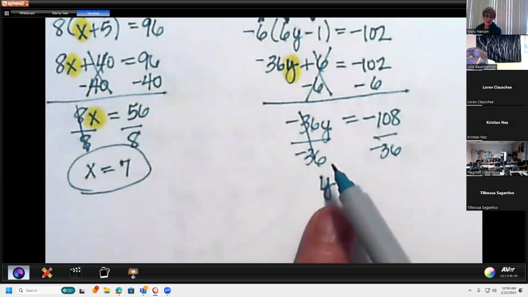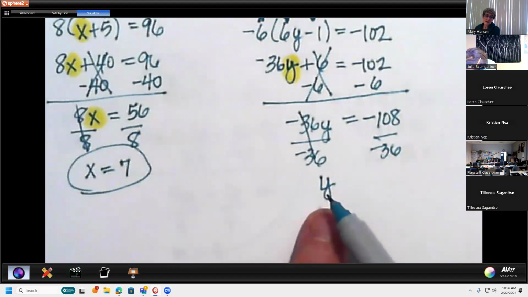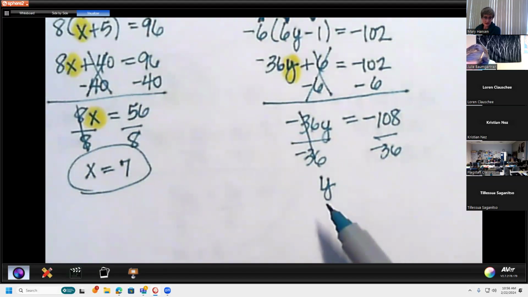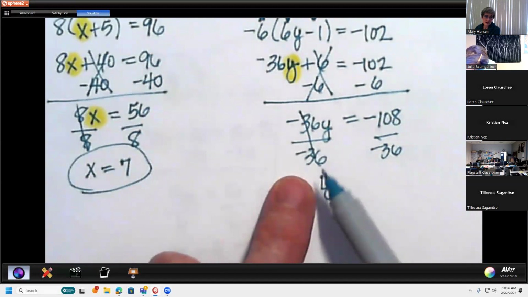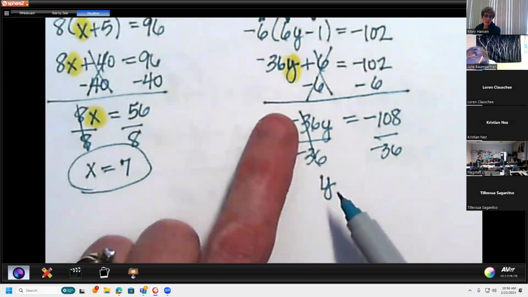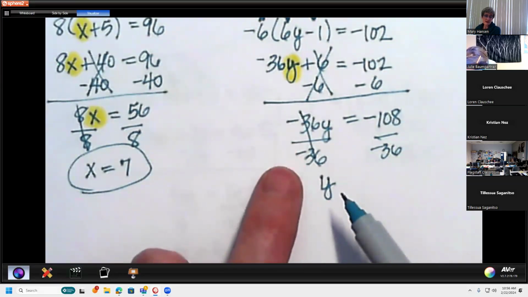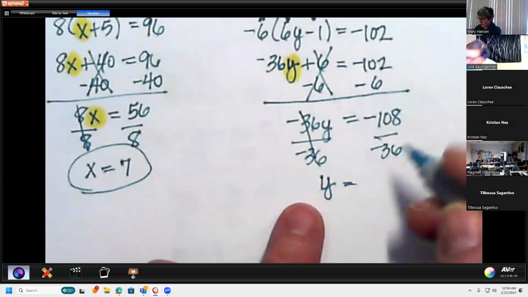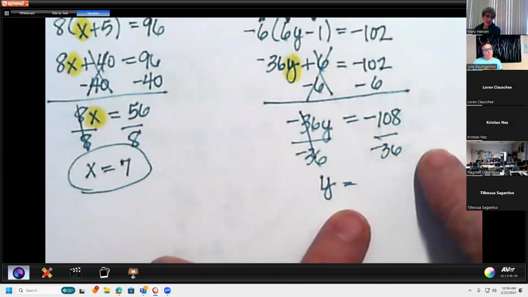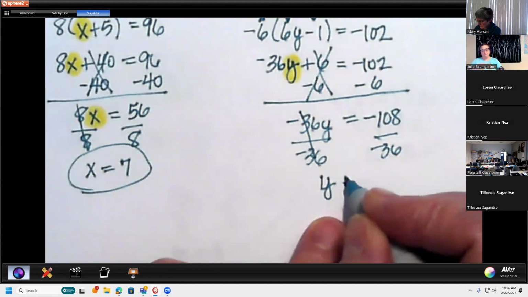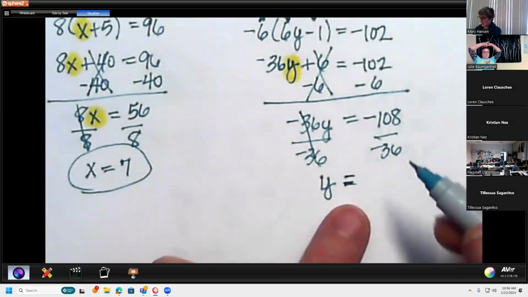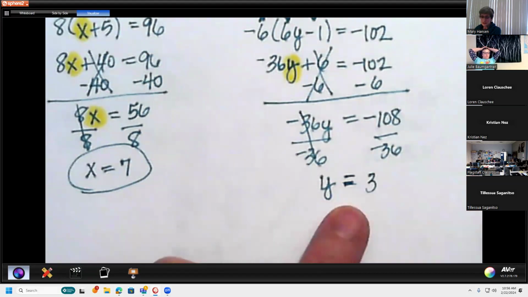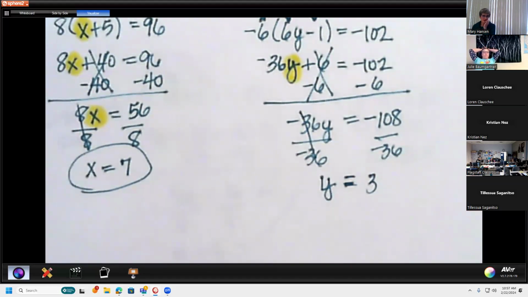If you divide by +36, your y is going to be -1 times y, and then you're going to have to get rid of that negative. So we can get rid of it right away by dividing by a negative. When the signs are the same and we're dividing, the answer is positive. On the right-hand side, I have two negatives being divided, so the answer is going to be positive. And 108 divided by 36, I just used my calculator. That is 3.